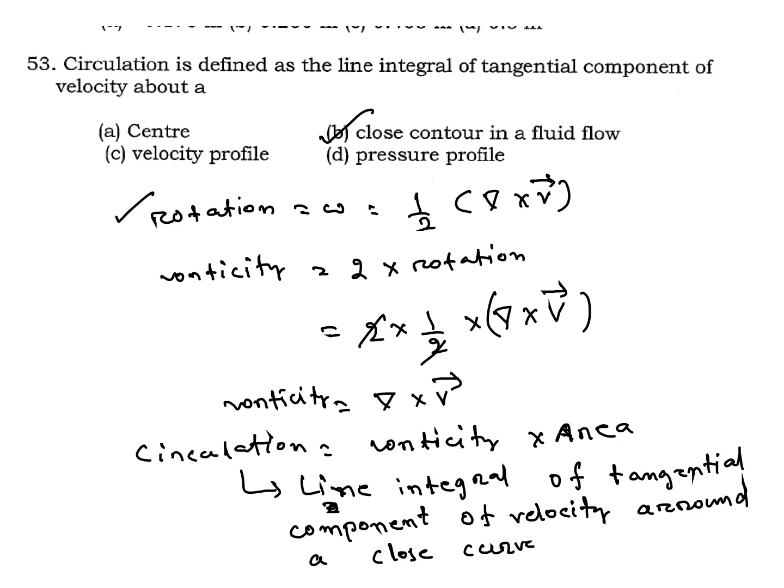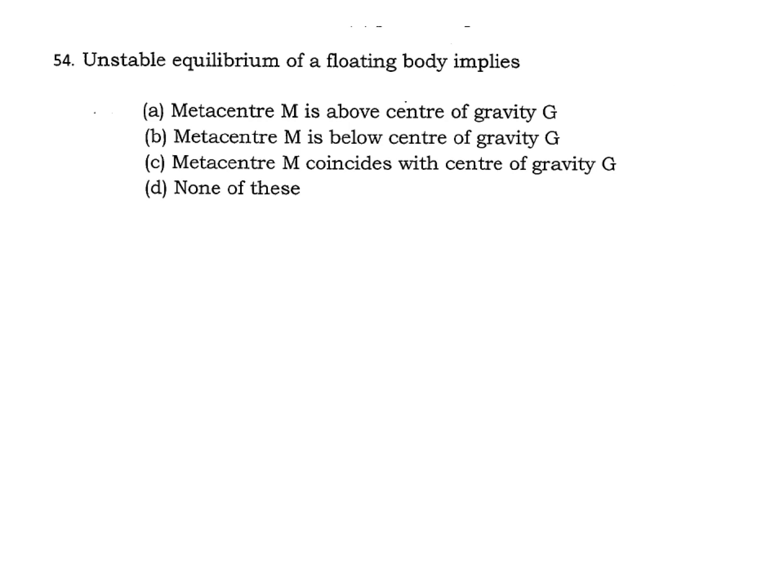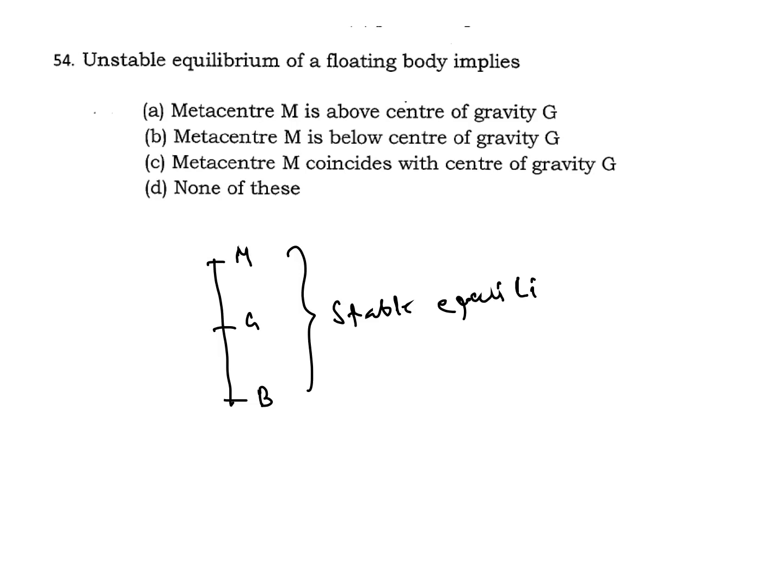Unstable equilibrium of a floating body implies, we know for a floating body, the condition with metacentric height is for stable equilibrium. In this question they asked unstable equilibrium. From the options, A, metacenter M is above the center of gravity, this is for stable equilibrium, so not possible.